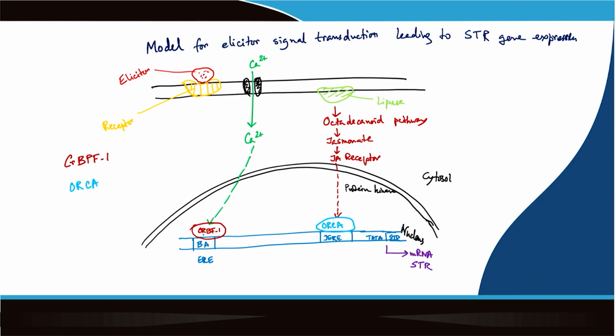I will mention that later, and that binds to the particular jasmonate elicited response element here, and as a result of that it initiates the transcription, and we see that STR genes are being transcribed.